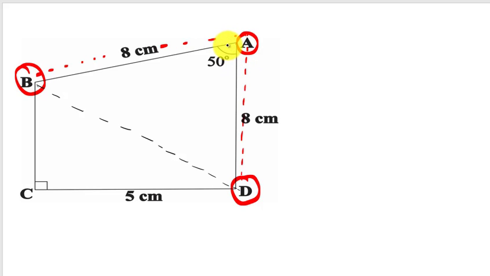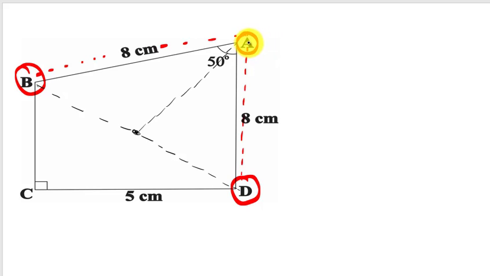If we draw a perpendicular line from A to the midpoint or the center of line BD, this line that we are about to draw is going to divide the triangle into two equal parts. So from A up to the center of line BD. Don't forget, this is not drawn to scale.